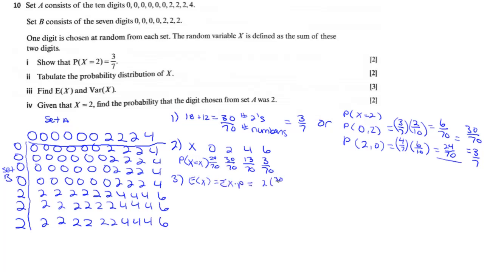Now they want to find the expected value of X. That's the sum of all the X's times their probabilities. I write this out and type it in the calculator, and I find the expected value of X is 13 over 7.